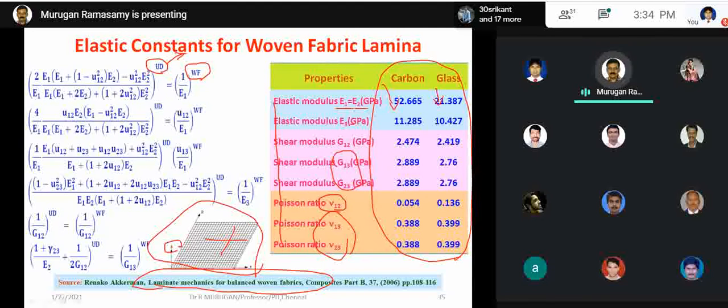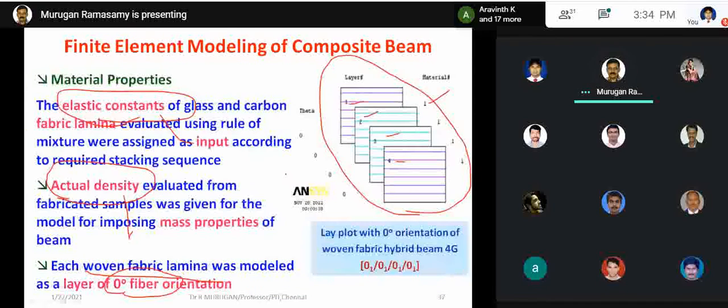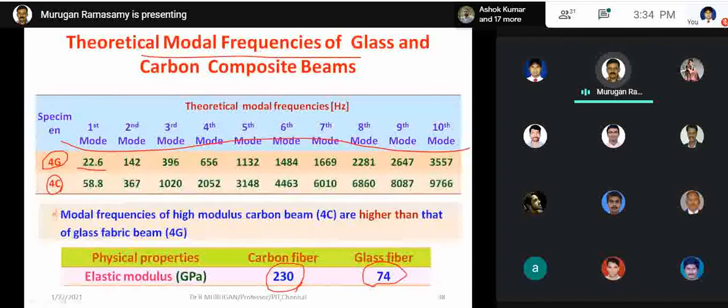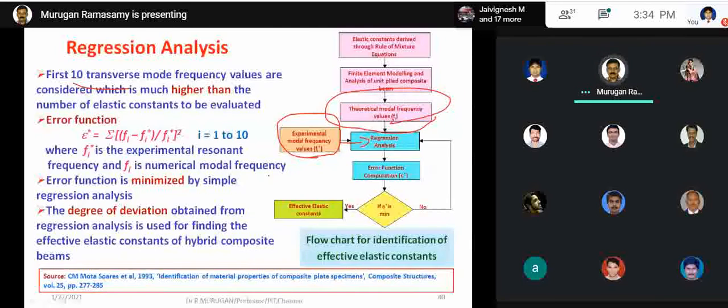There are so many iterations done, more than 100 iterations. For each iteration we did modal analysis, the same steps are followed, and we got a set of elastic constants like this. Again we did this regression analysis, then we get the degree of deviation. Like that, this regression analysis is done till the deviation is very minimum.